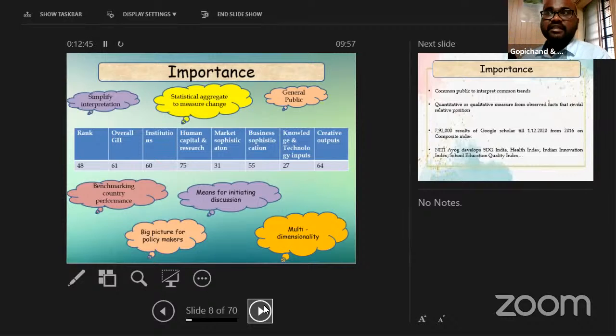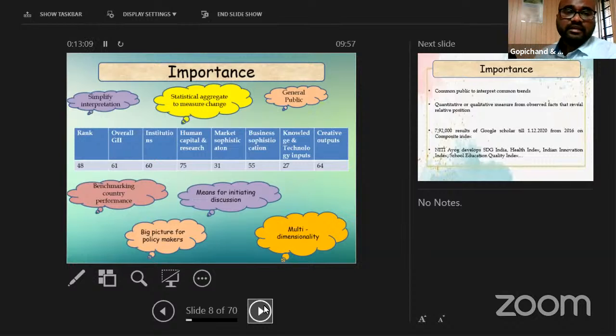As we discussed, it measures change from year to year, month to month. The general public, even a layman, can understand this ranking. Based on the index, we do ranking, and based on that, we see how we are improving. Even a layman starts discussion based on that.